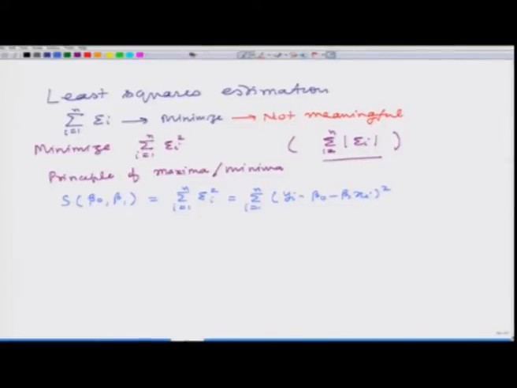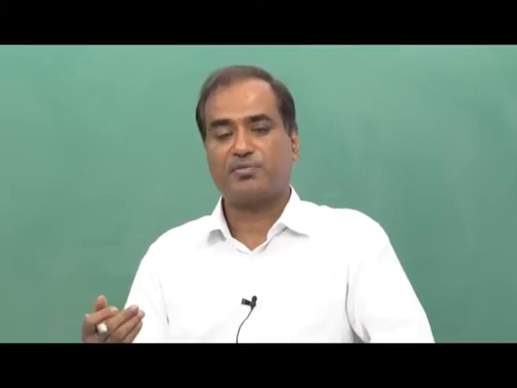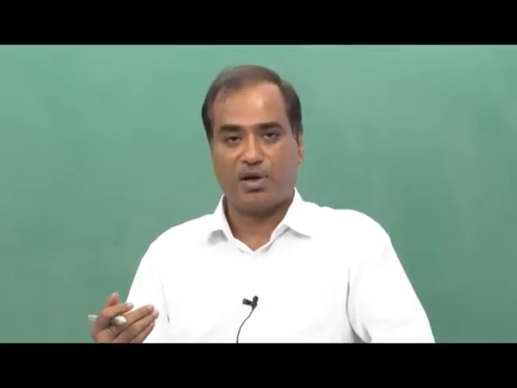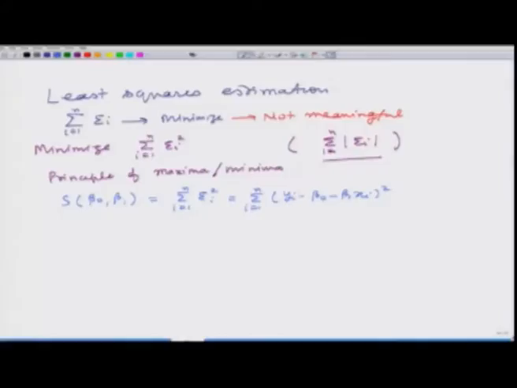Okay, the principle of maxima and minima says that we need to obtain the partial derivative of S with respect to beta 0 and beta 1, put them equal to 0, solve it, and then check using the second order derivative whether the solution gives us the maxima or minima. So, exactly we are going to follow the same rule.